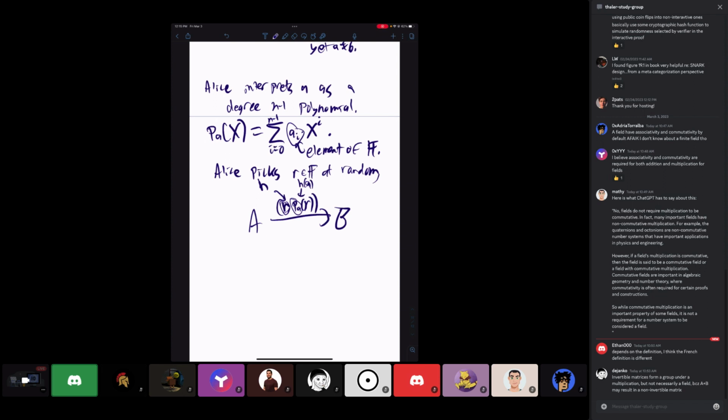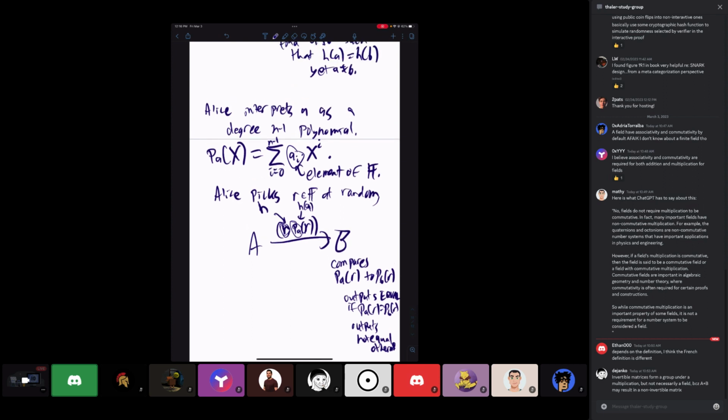Then Bob just compares P_A(R) to P_B(R). That is, he interprets his own input as a polynomial, and outputs equal if they agree, and outputs not equal otherwise. And this hash function looks nothing like a cryptographic hash.